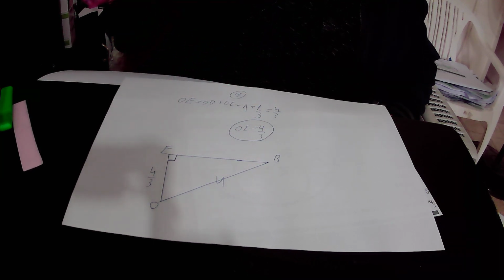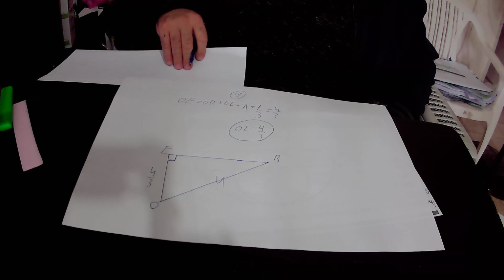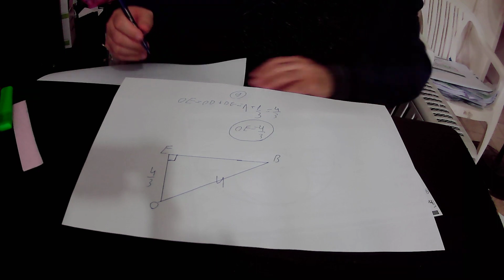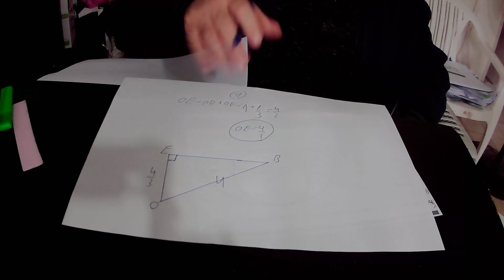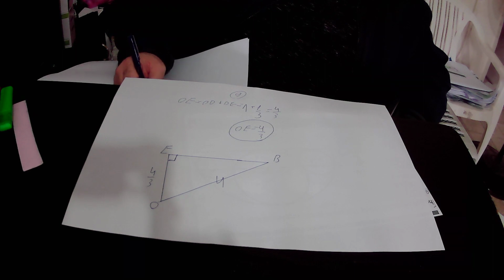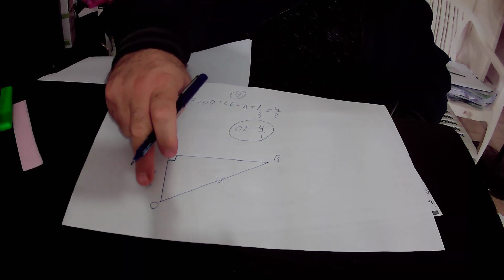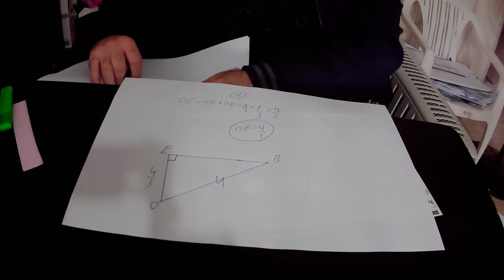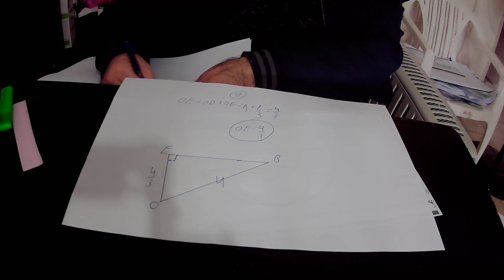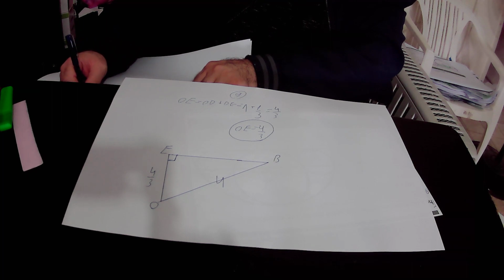That is to say, OB squared, that is the square of the hypotenuse, will be equal to the sum of the squares of the perpendiculars, that is, OE squared plus EB squared. I will repeat again.